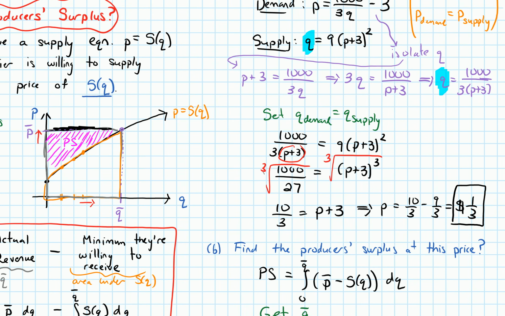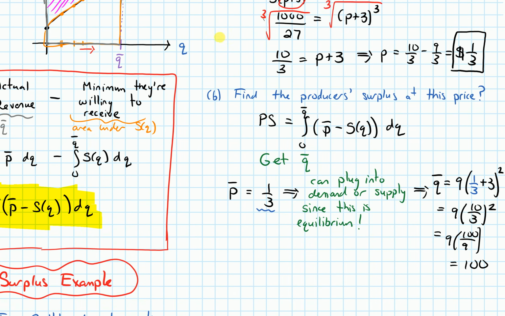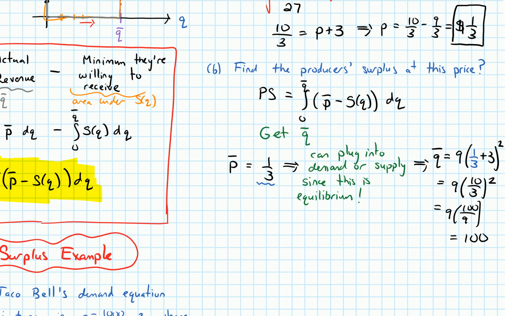I need P isolated and to have it as a function of Q. Okay, so we're going to have to do a little bit of algebra. We are going to need to get the supply in terms of Q. So to do that, we are going to need to isolate P in that equation. So we're going to get P equals some stuff in terms of Q.